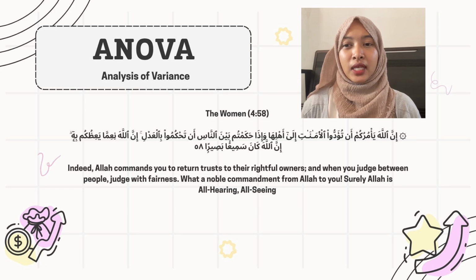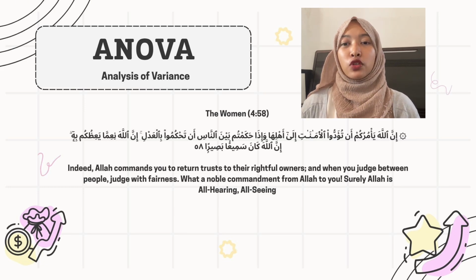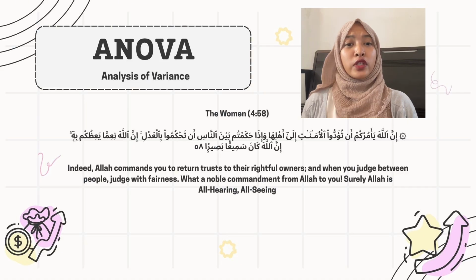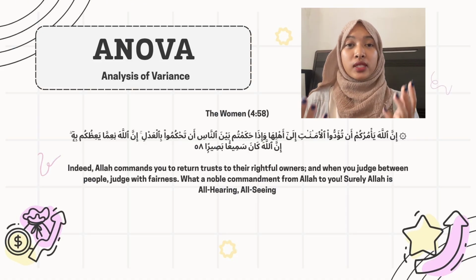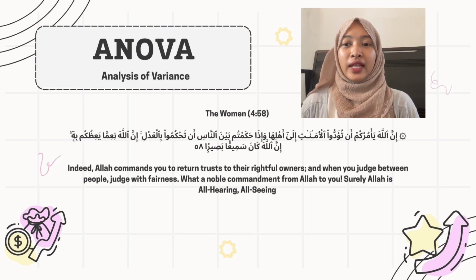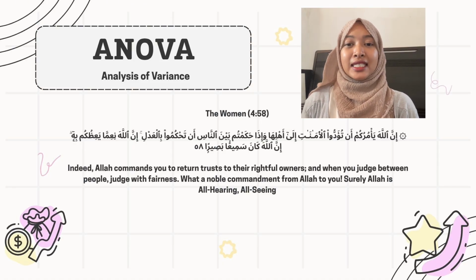With the meaning: indeed Allah commands you to return trust to their rightful owners, and when you judge between people, judge with fairness. What a noble command from Allah to you. Surely Allah is All-Hearing and All-Seeing. And this reflects the fair use of statistical data to compare treatments or groups without discrimination or bias.